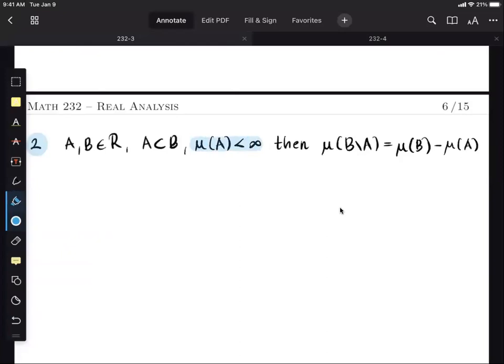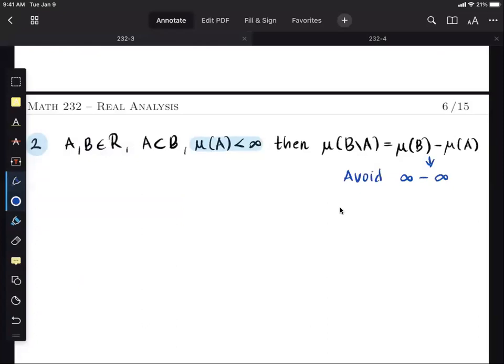This assumption here is imposed in order to avoid the operation infinity minus infinity. So the content of B can be infinite, and if it happens that the content of A is also infinite, then this difference is not well defined.